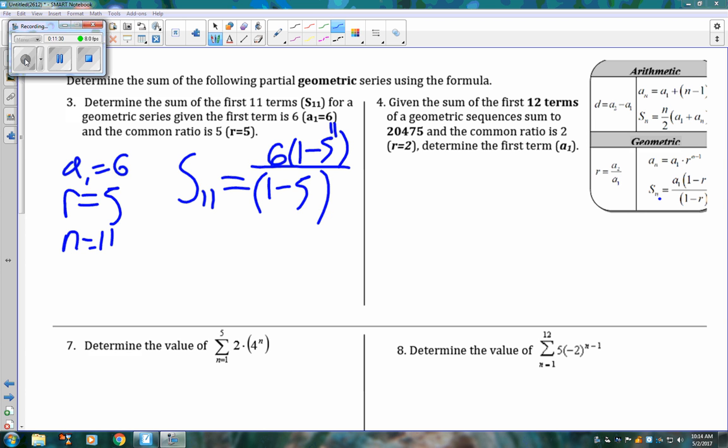When you plug it in your calculator, which one? This one.